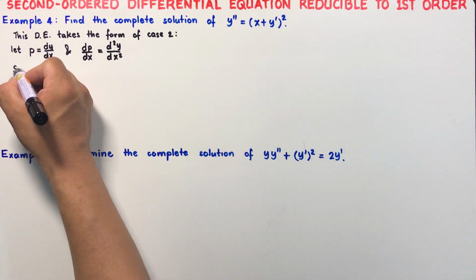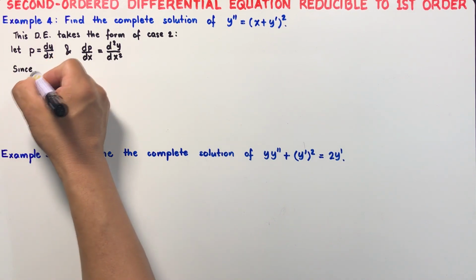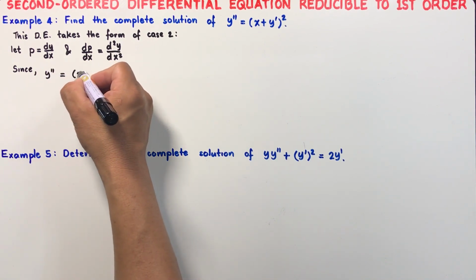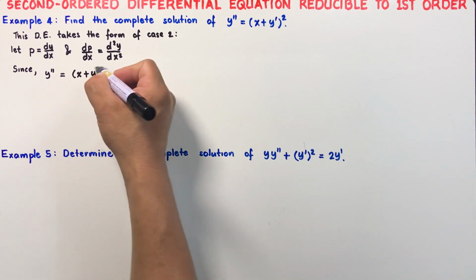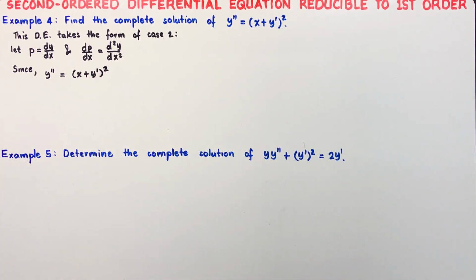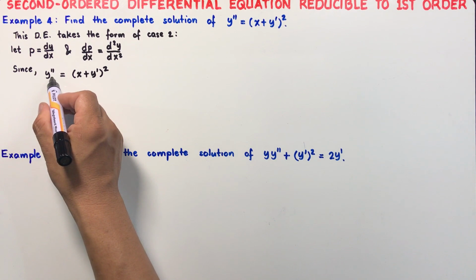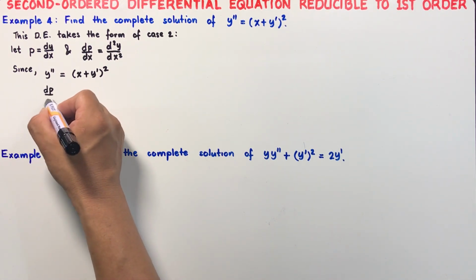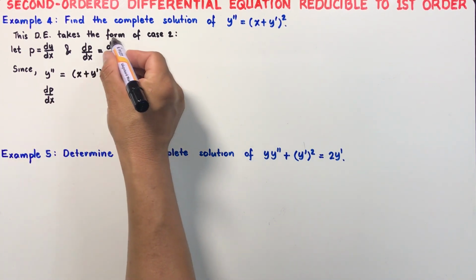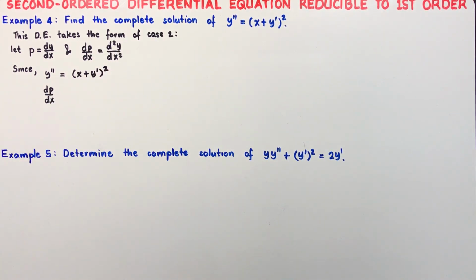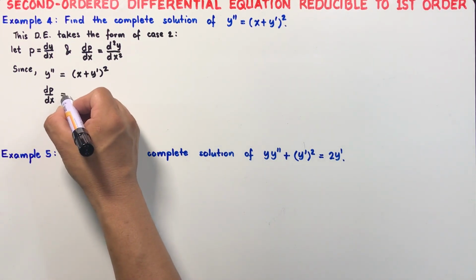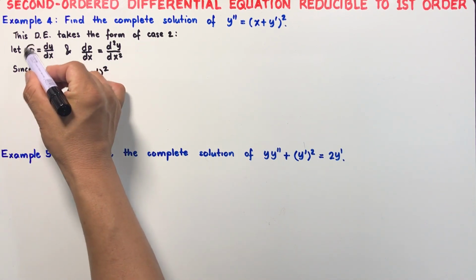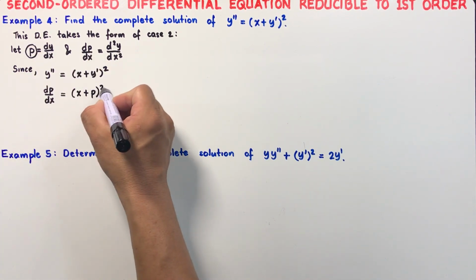So, since our original differential equation is y double prime equals x plus y prime quantity raised to the second power, instead of writing y double prime, we will write the derivative of p with respect to x, because this is the second derivative of y with respect to x. And instead of writing y prime, I will write p, because that is our representation here.